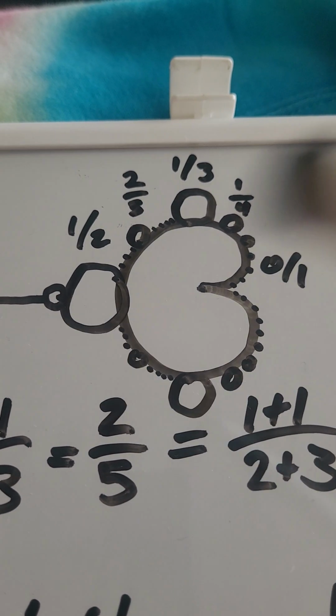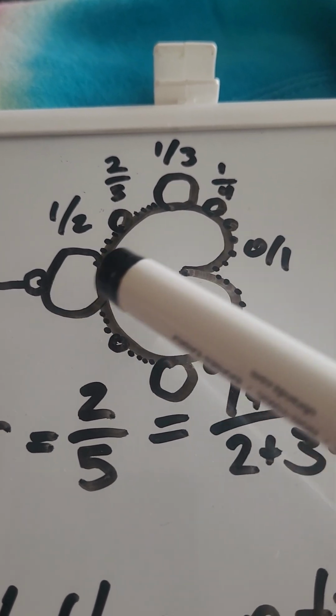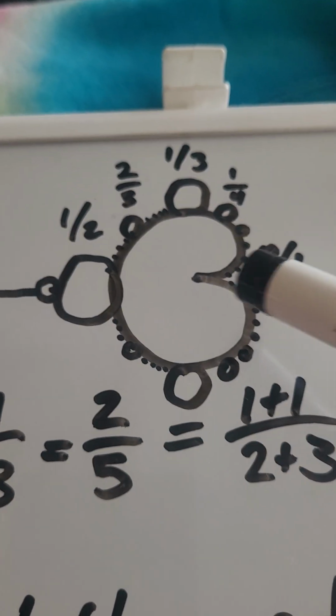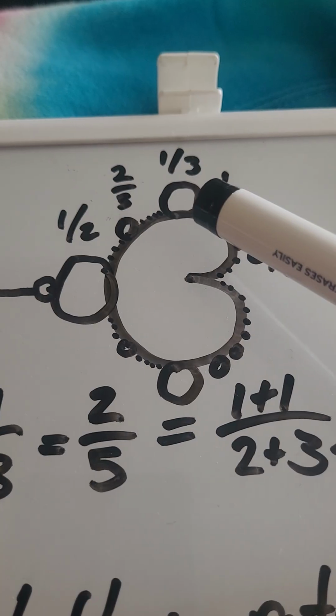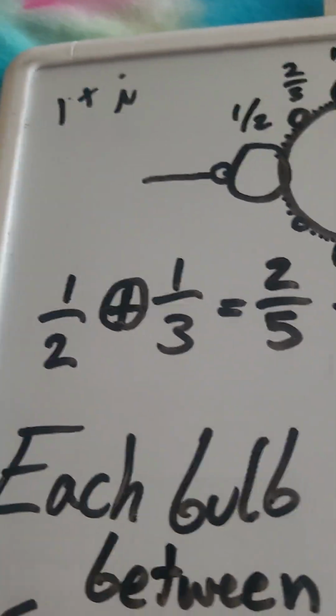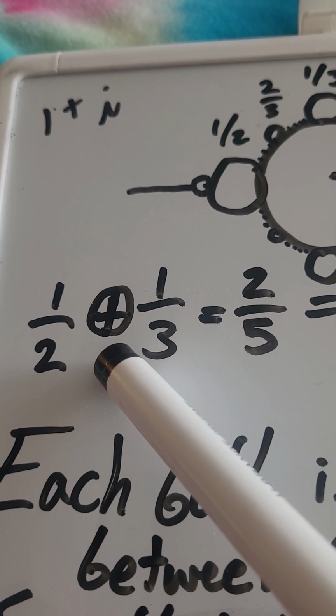So what you can do to find the biggest bulb in between any two bulbs on the cardioid, which the biggest bulb in between would be the one up top, the 1/3 bulb. So what you can do is you can Farey-add the fractions.